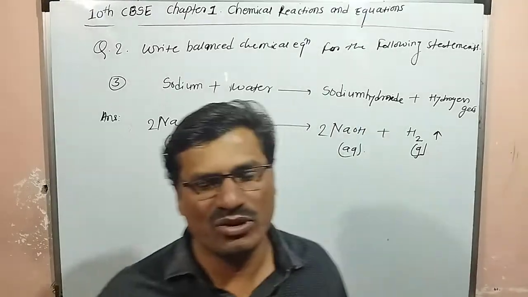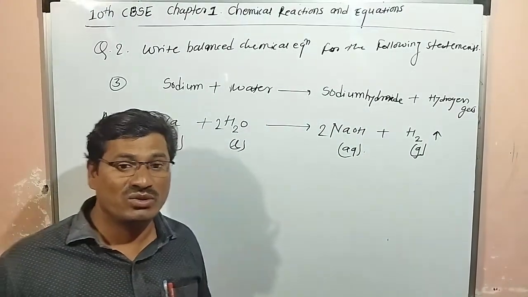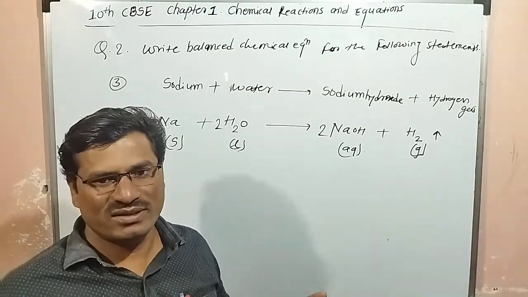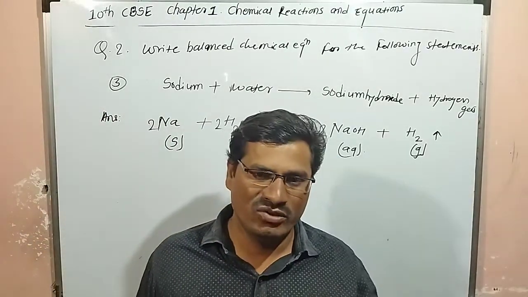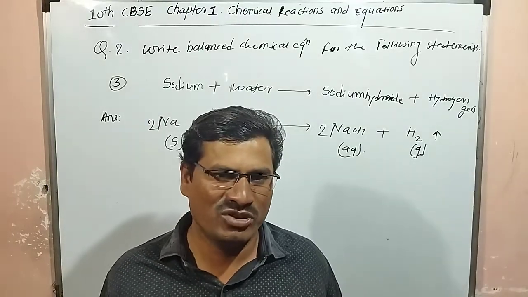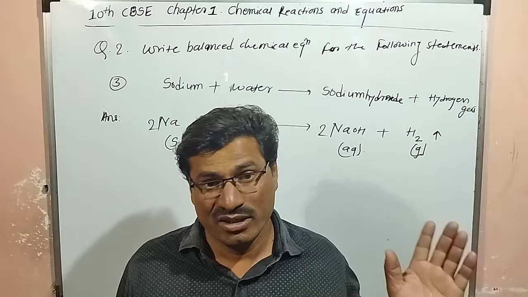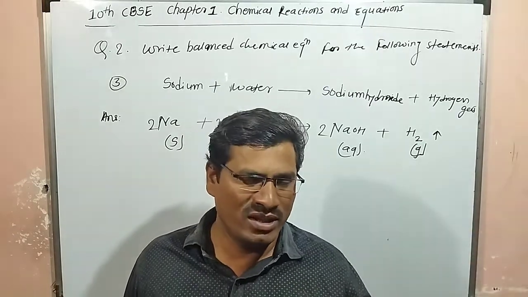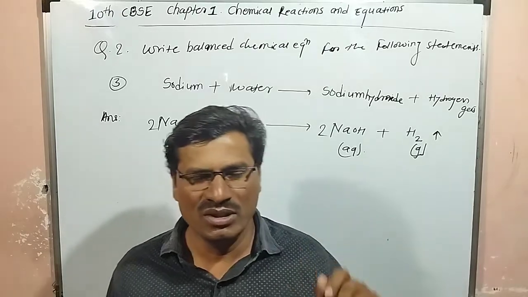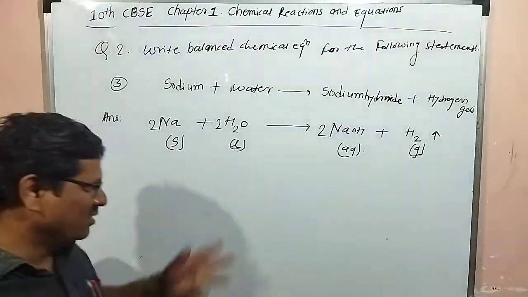After this, the next question we have to study is question number 3. Write balanced equations with state symbols. State symbols means you have to mention their states, whether the reactants and products are solid, liquid or gas, or a precipitate, an insoluble mass.